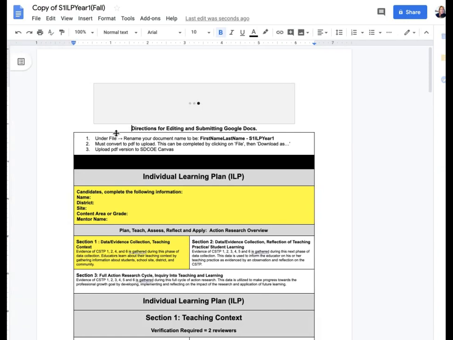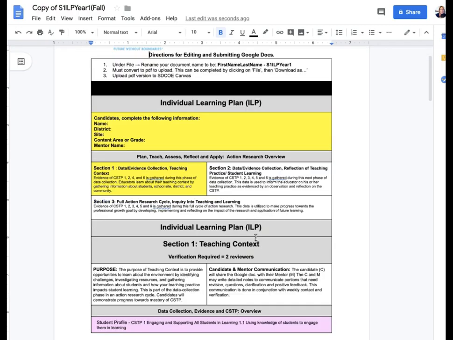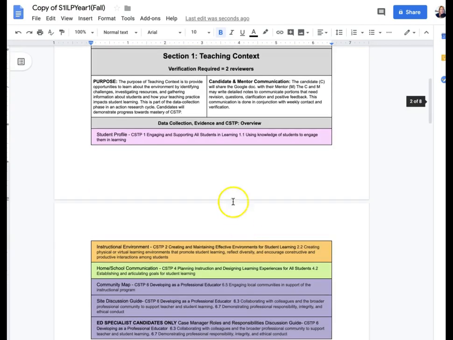Again, you may already know all this, but this is section one, and it's about doing what we would usually do with our students at the beginning of the year. There are these sections: student profile, classroom environment, homeschool communication, community map, and site discussion guide.